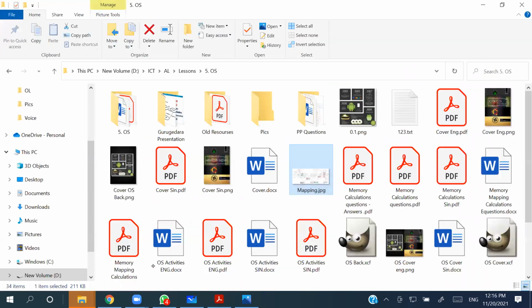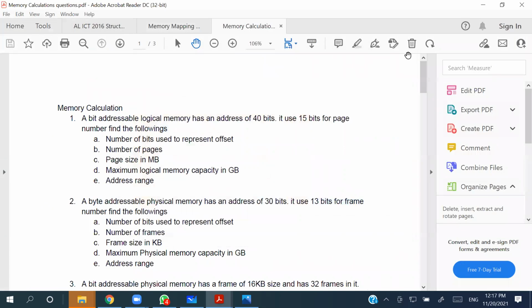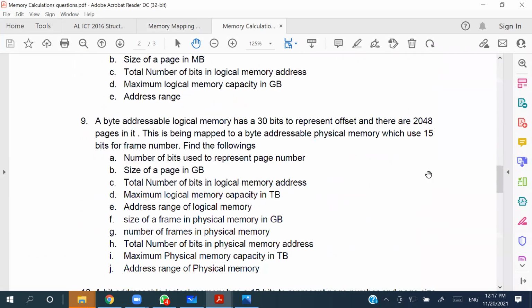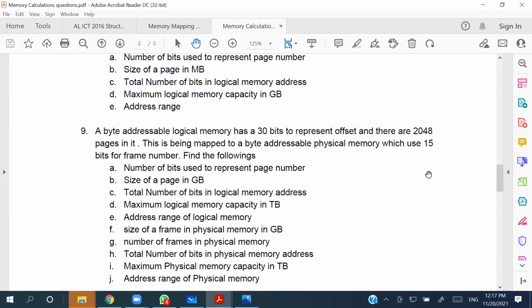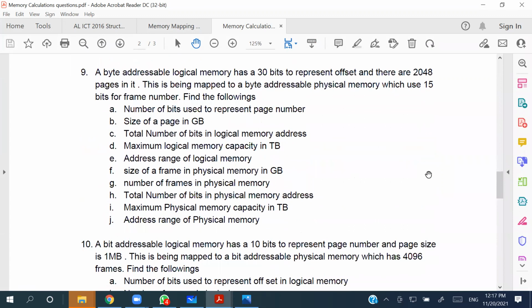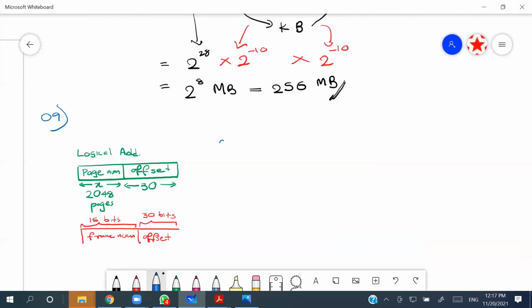It will be easier. Yeah. So first it asks the number of bits used to represent the page number. So here we go. Part A.